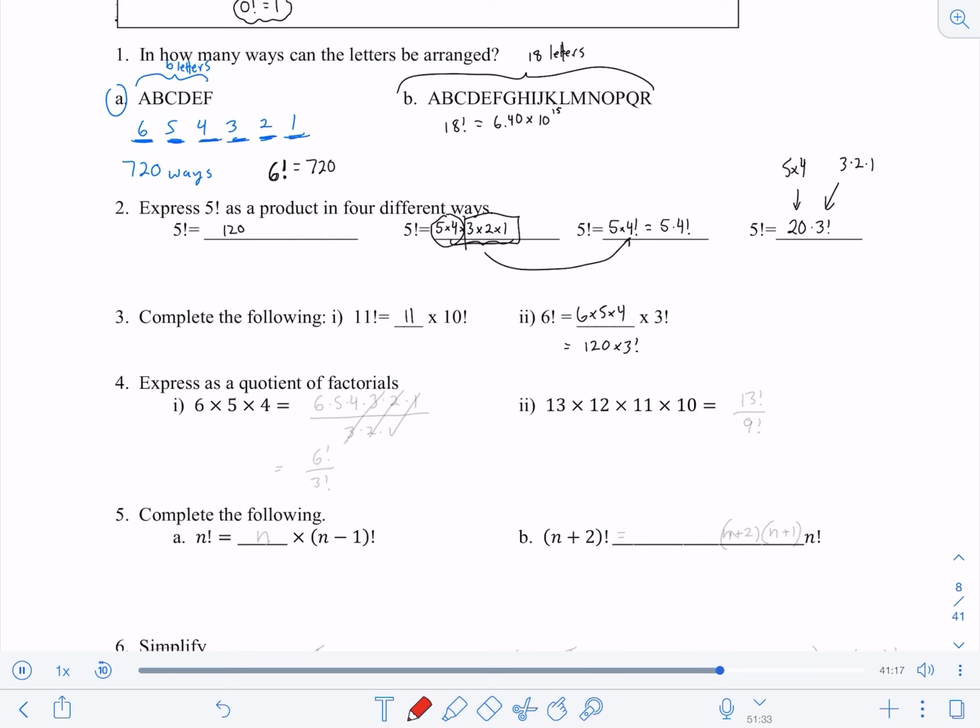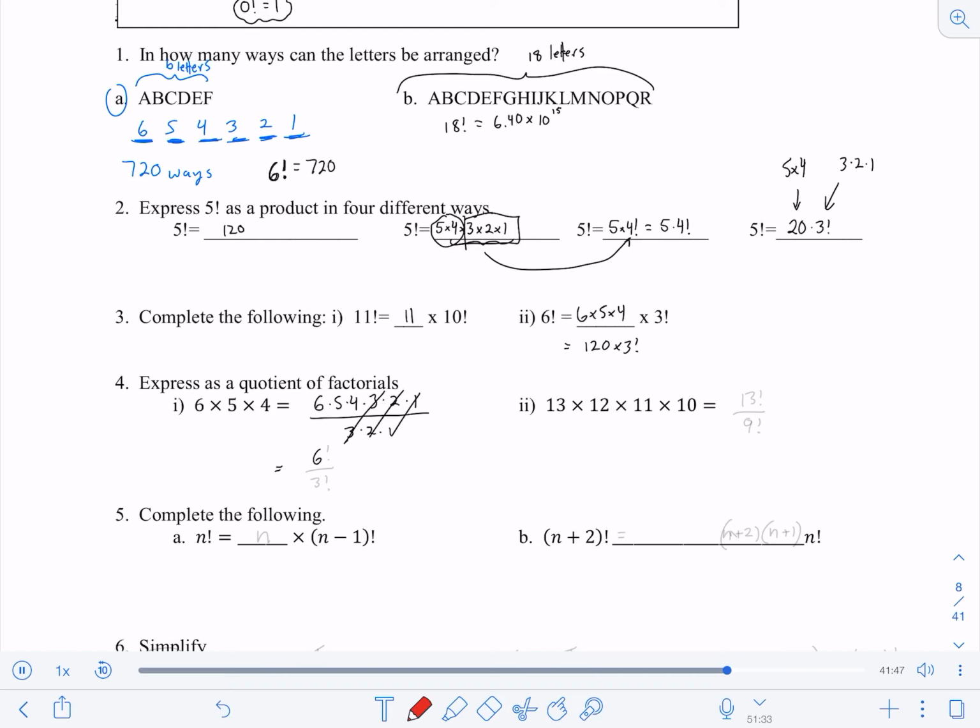So, express as a quotient of factorials. How am I going to write this as a factorial? Well, I'm recognizing that 6 times 5 times 4 looks like the beginning of the whole thing, but because the 3 and the 2 and the 1 are missing, I'm going to build a little denominator that lets each one of these things cancel.